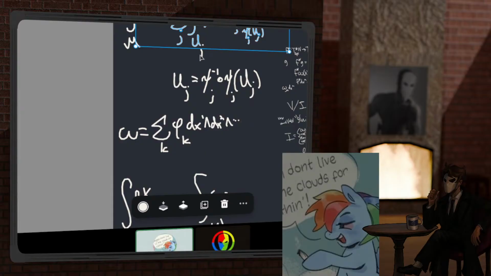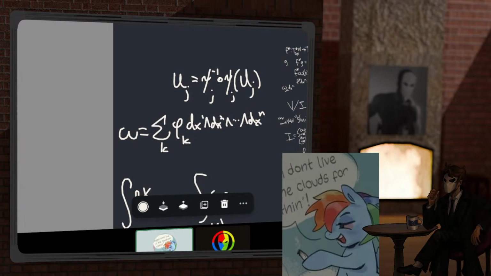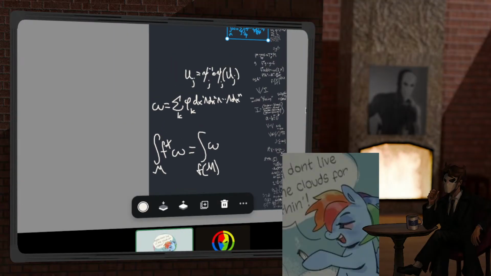All right, need another wedge product. Then, yeah, I was thinking you could probably shrink that down a bit. Okay, there we go. Then you have this. I'm trying to think of how to explain this.